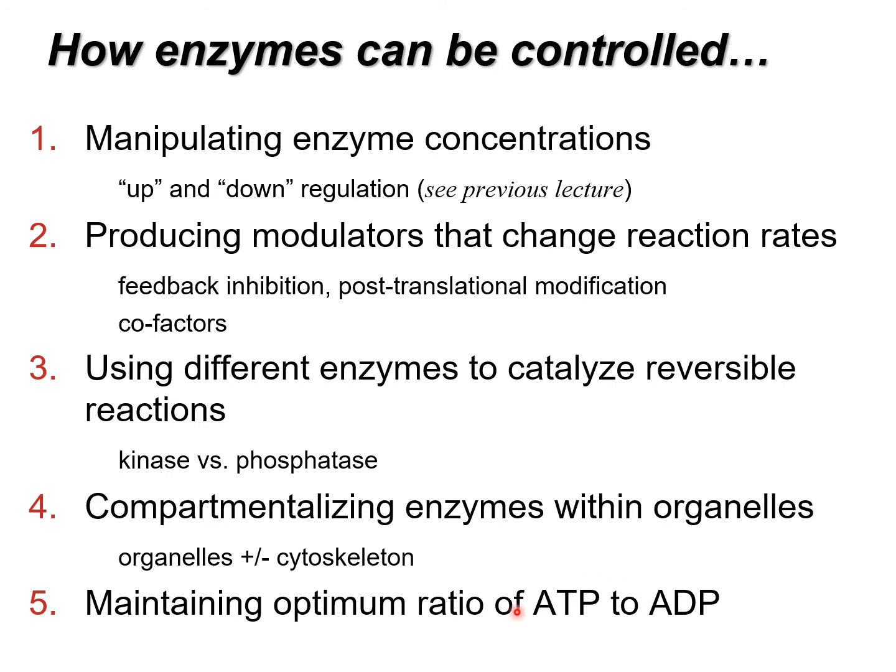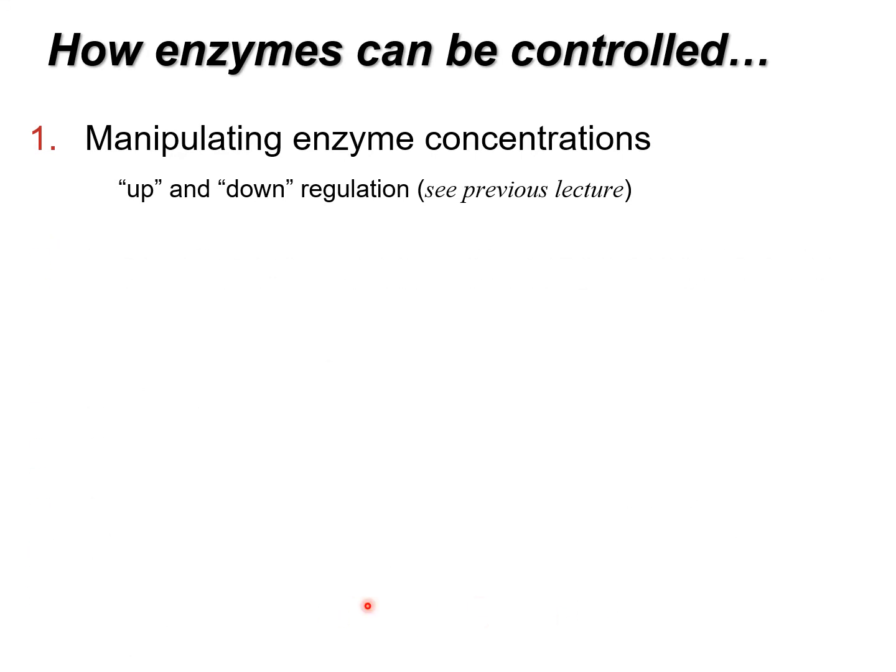A lot of enzymes are actually quite sensitive to the ratio, not the overall abundance, but the ratio of ATP to ADP. That implies that these molecules can and do bind to the proteins just like cofactors do. So it's a little bit of a corollary, but a very, very important one, because cells can and do alter their activity based on this ATP to ADP ratio.